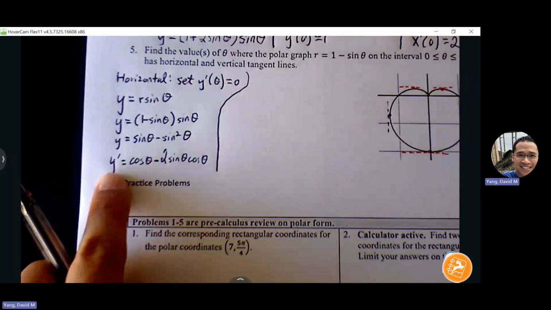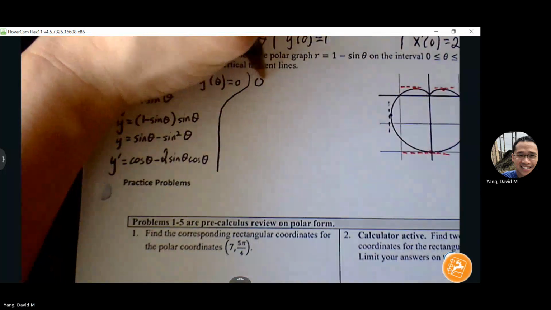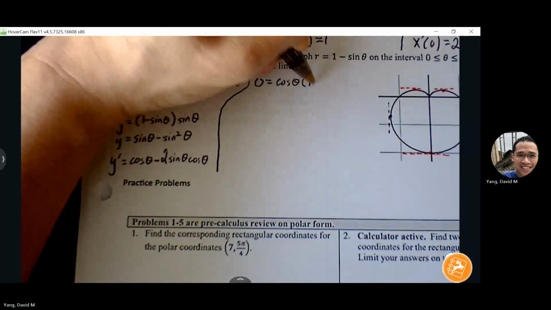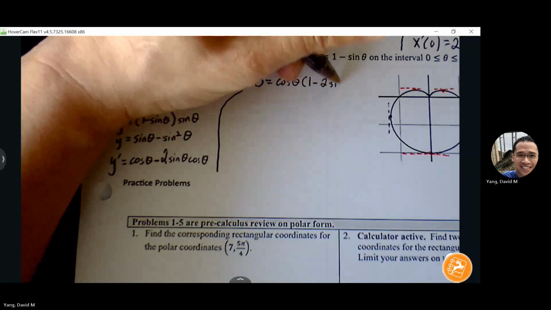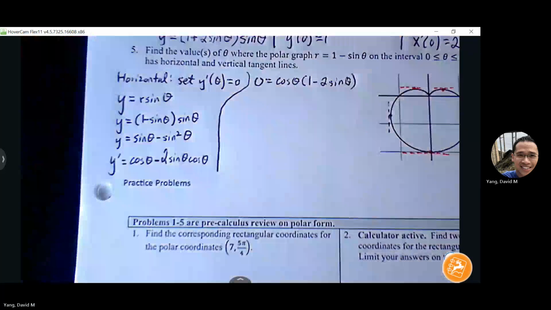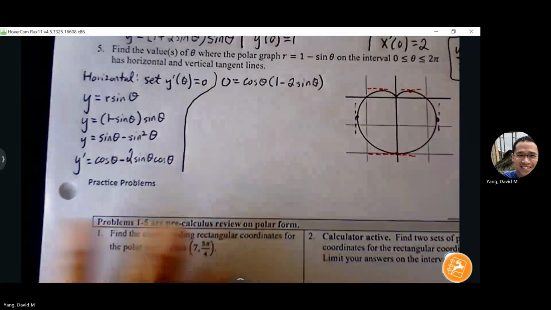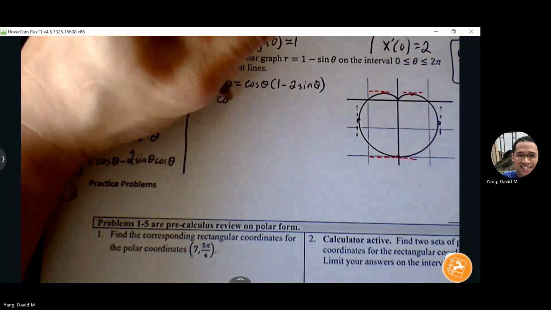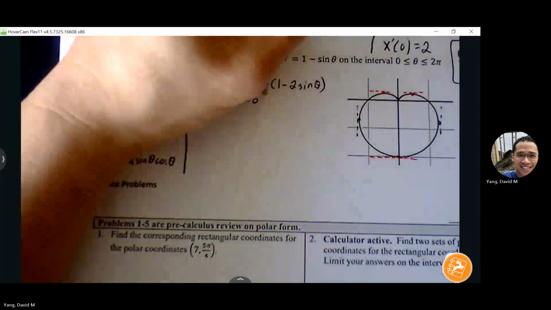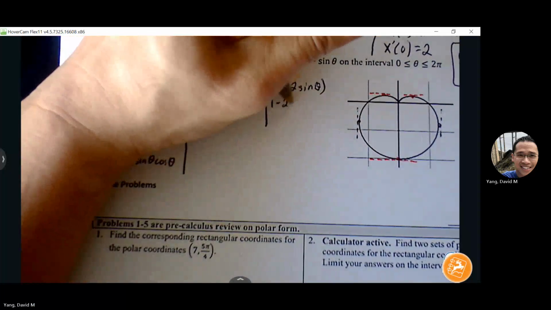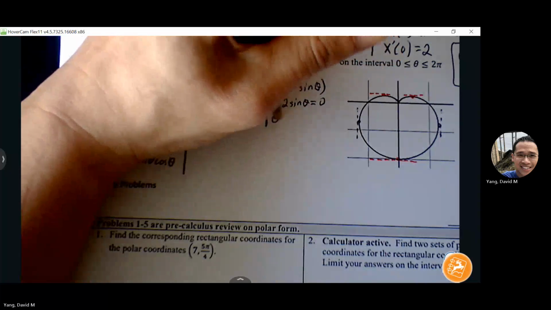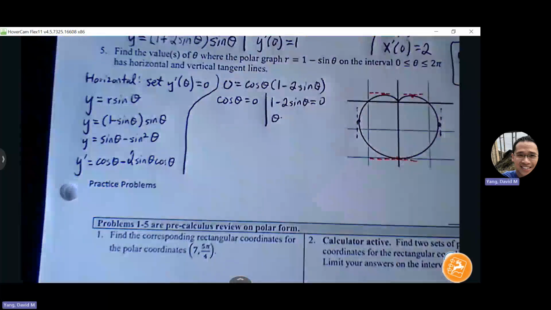I'm going to set y prime equal to 0. I'm going to factor out my GCF there. Set both equal to 0. Sorry.